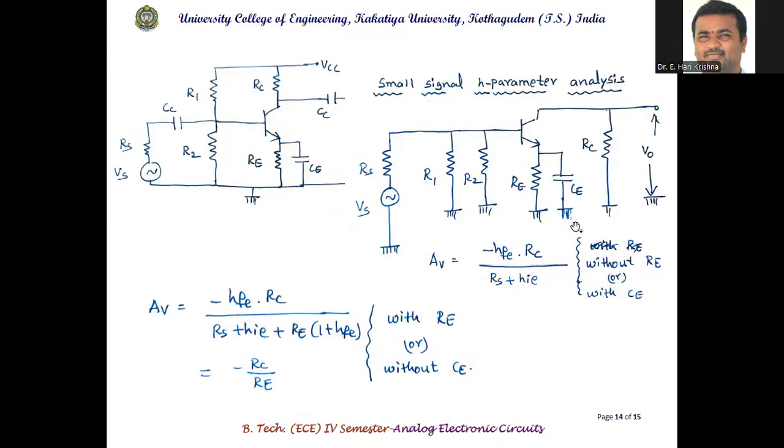And we will discuss this actually: CE will not disturb the operating point of the transistor, but CE bypasses the negative feedback effect to the transistor. These are the gain calculations we'll see with RE without CE, and without RE, with CE. These things will be discussed again in detail in the feedback amplifiers.